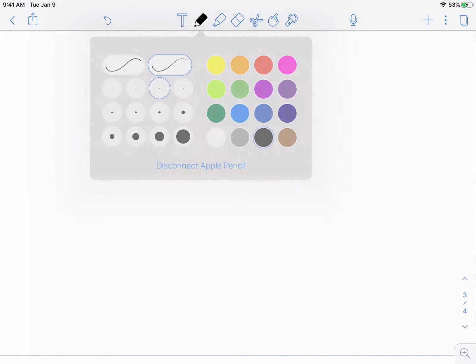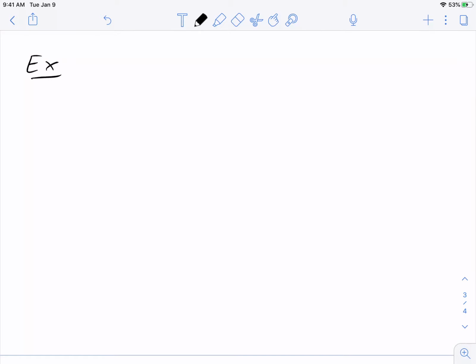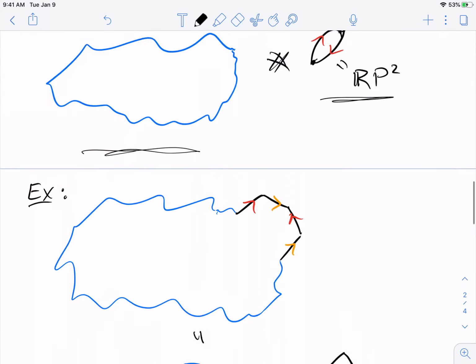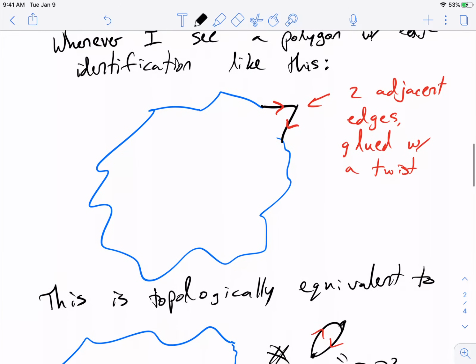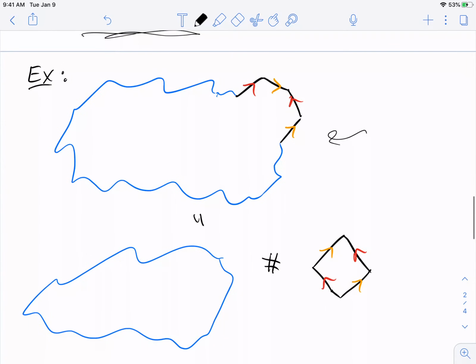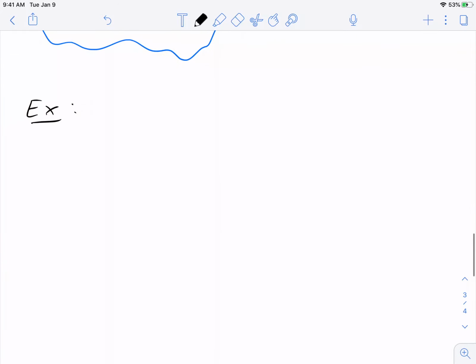Now let's do something a little harder. So what if I don't see anything like either of these two pictures? I mean, these are very special pictures because these edges here are adjacent to one another, and as are these four edges. They're all, one after the other. But in general, if you have a general polygon, you might have a bunch of edges.